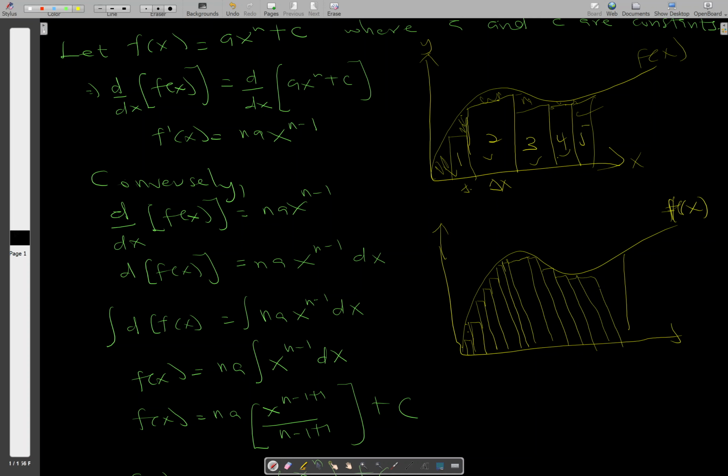So you realize that after minimizing the width, we find the area of each of the slices under the curve.